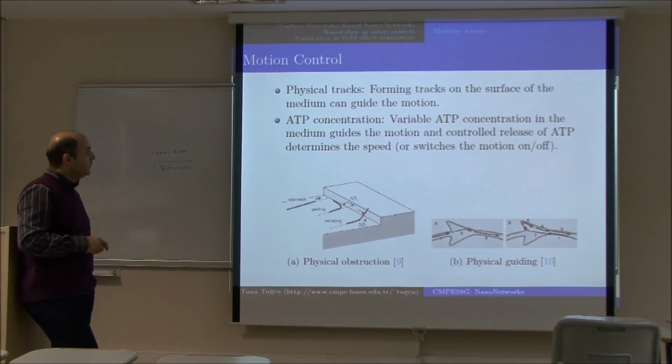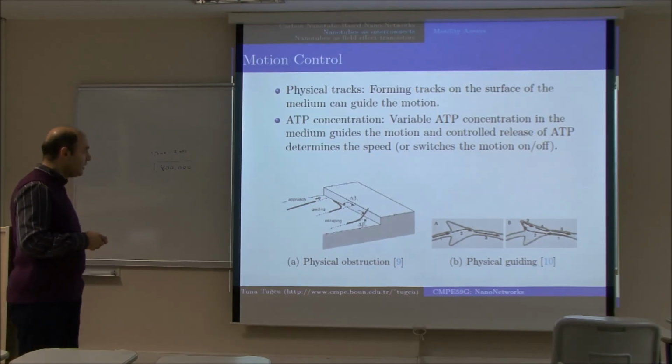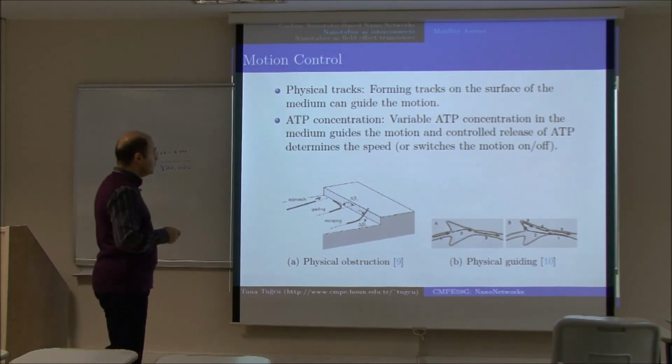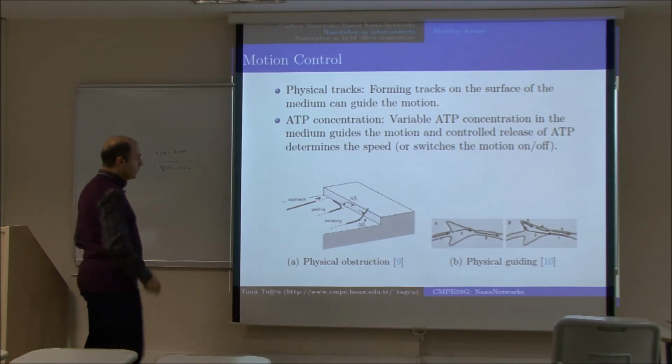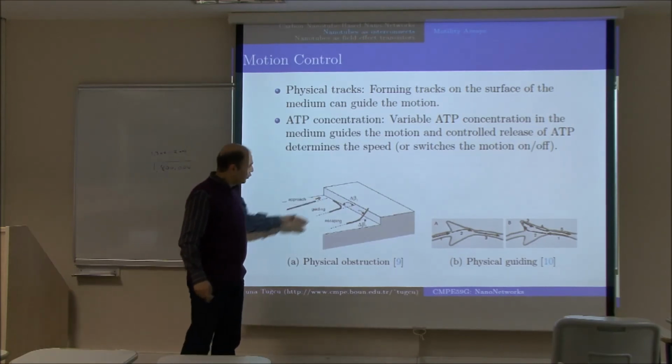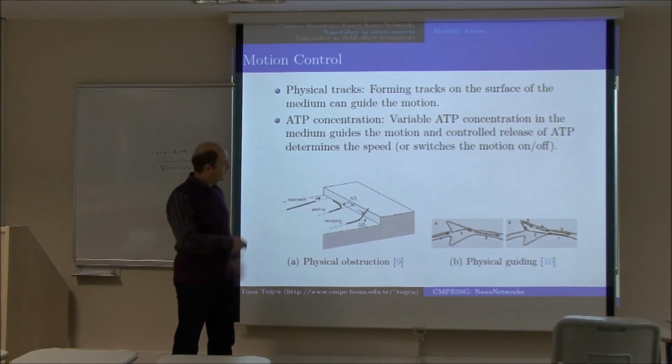You can have physical tracks. You can form tracks on the surface of the medium that can guide the motion. So, for example, a microtubule could be going towards the obstacle.